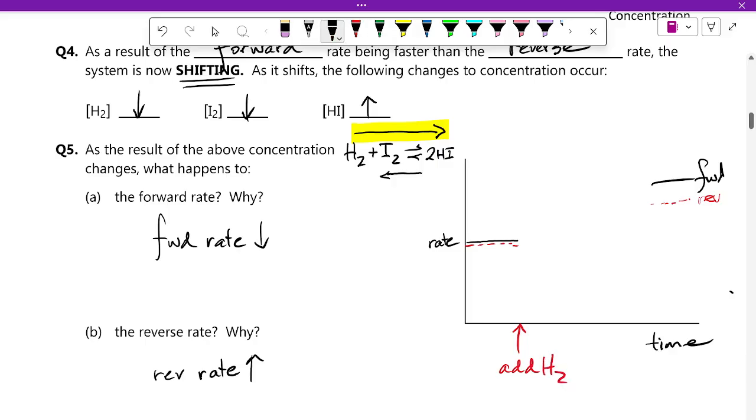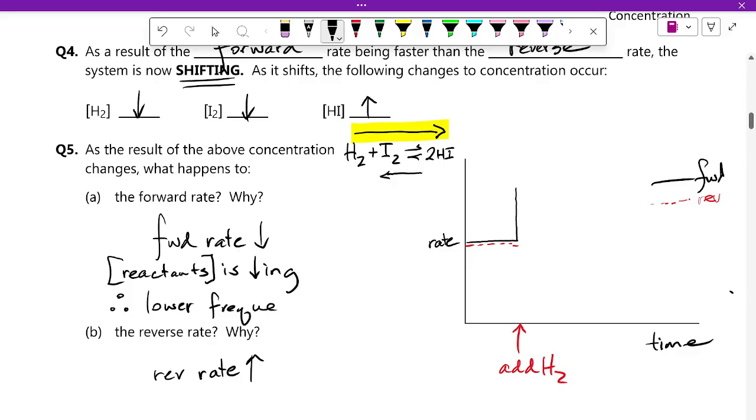Our forward rate increased. Why does our forward rate now decrease? The concentration of reactants is decreasing, and therefore, lower frequency of collision.